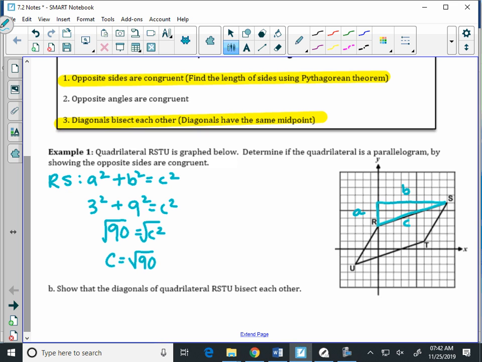So now we have to show that the side opposite of RS is also radical 90. Well, what side is opposite of RS? TU. So let's find the distance of TU. So make your right triangle. The side you're trying to find is your C, make that A, make that B. So lock it in.